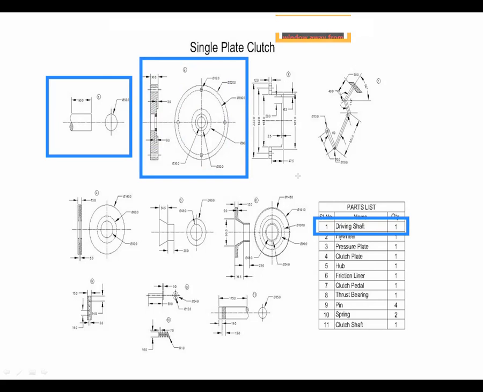Third portion is a pressure plate. So this is the pressure plate shown over here. In some parts they have shown front view and top view, in some parts they have shown front view and side view, and in some parts they have shown only one view. So we have to identify these things.